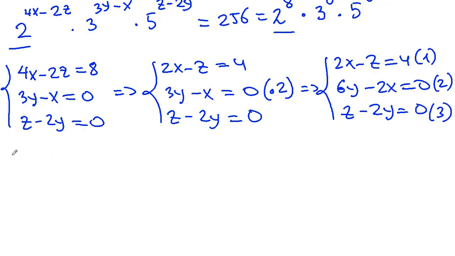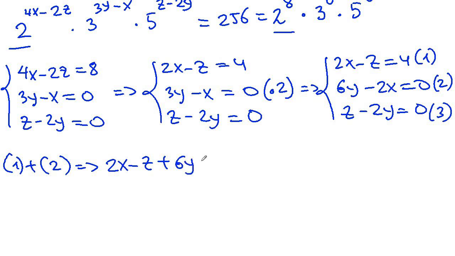Let me now add the first two equations, first equation plus the second equation. Then I will get 2x minus z plus 6y minus 2x is equal to 4, and as you can see 2x will be cancelled, and I'll get simply 6y minus z is equal to 4.